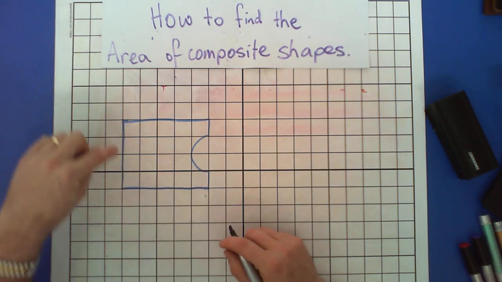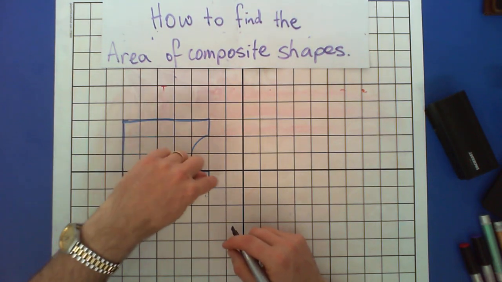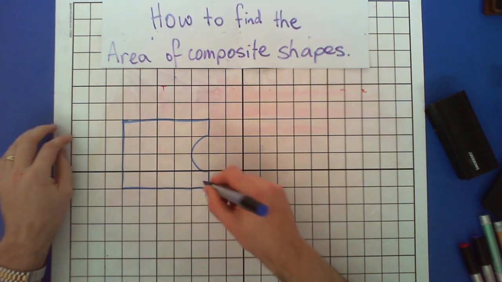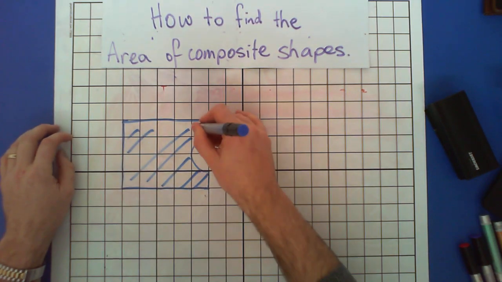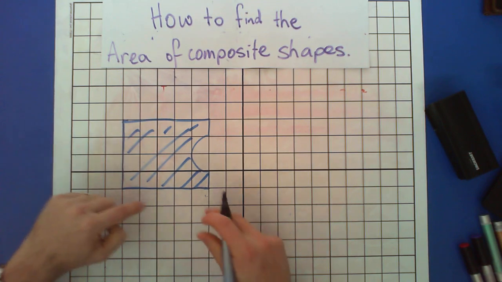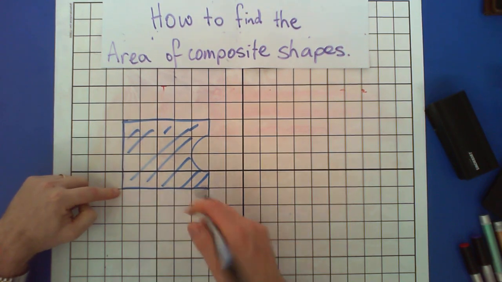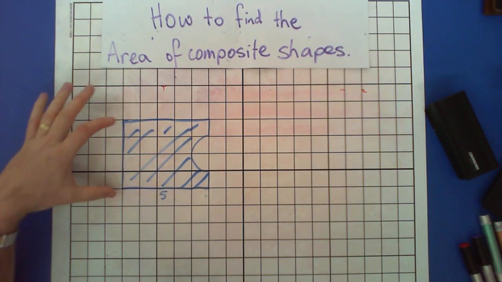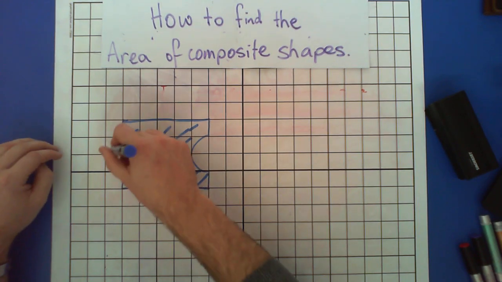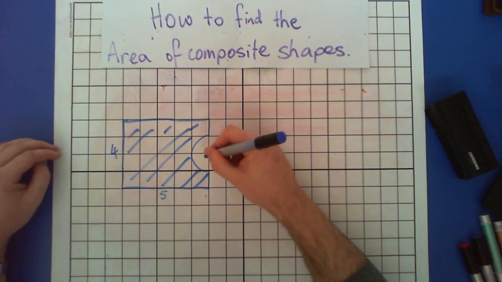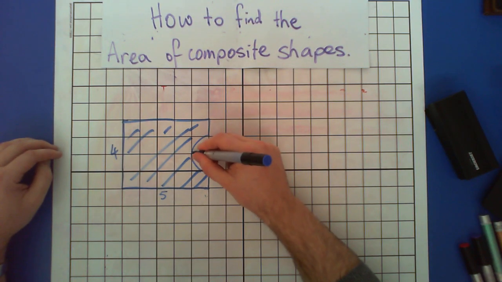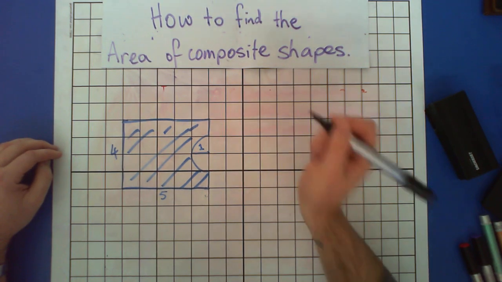I've got a rectangle here with part of a circle cut out of it, and we want to find this area here. We can see that this rectangle has a length of 5 centimeters and a height of 4 centimeters. We can see here we've got a semicircle, or half a circle, and the radius is 1 centimeter.